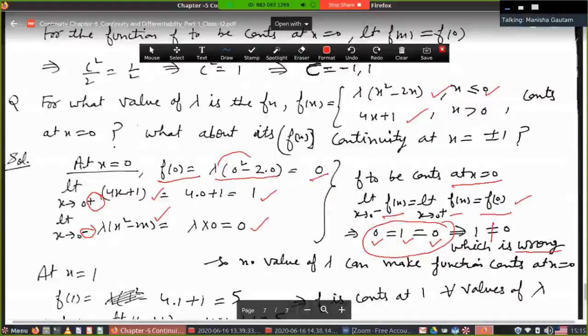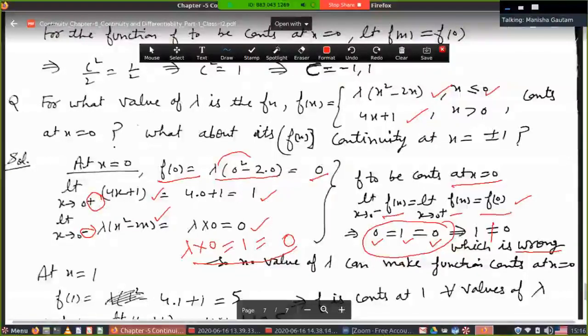If I write it down like this, lambda into 0 is equal to 1 and equal to 0 at x equal to 0. For what value of lambda can you make the statement equal?